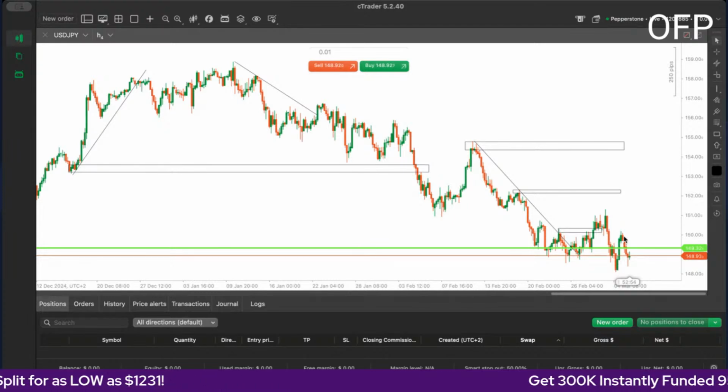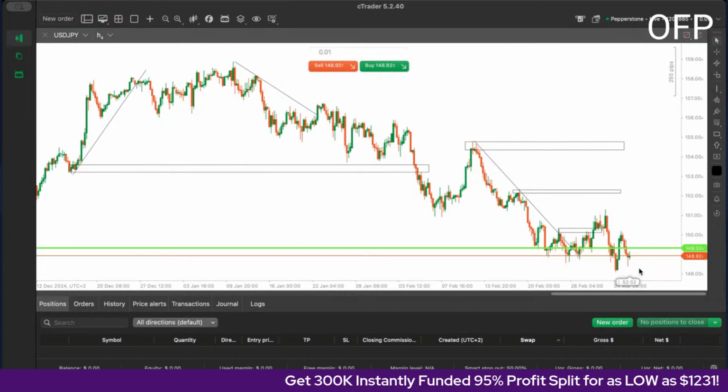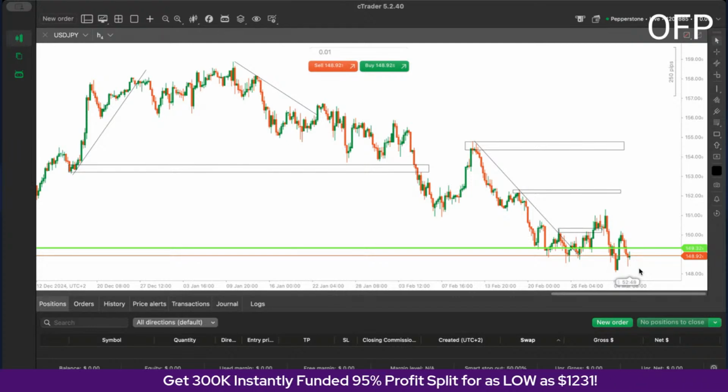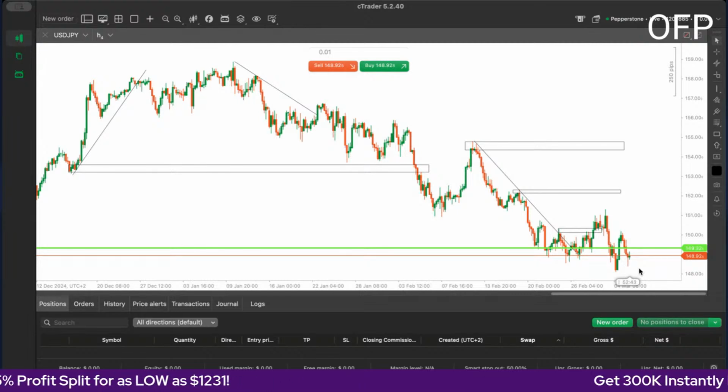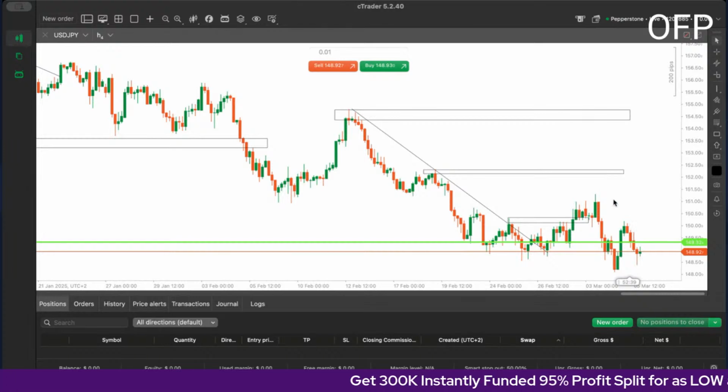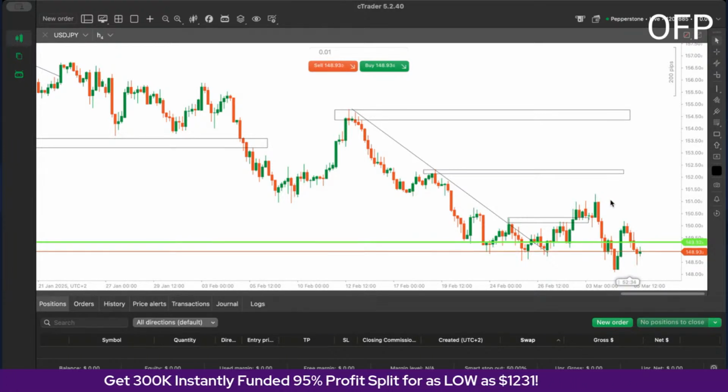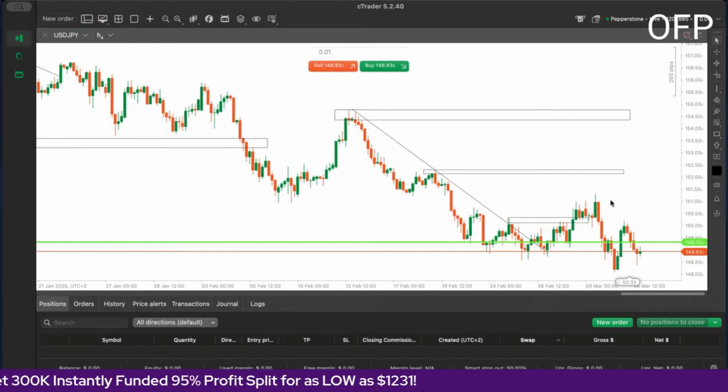And then we went back into this level, and then we're back all the way down again. So it's really iffy right now. There isn't really any way of picking out the bottom at this point. But if we do have a break of probably this resistance level, then maybe we can be sure that we might have a change in trend.